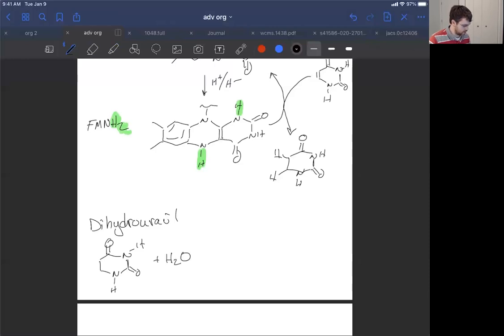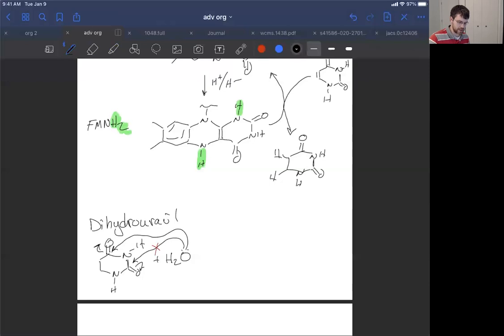Now, if we add water to the oxygen, and that's mediated by base, we can get somewhere, but the product that we get doesn't suggest that's where we're going to add. Instead, we're going to add to this single amide as opposed to the carbamate.